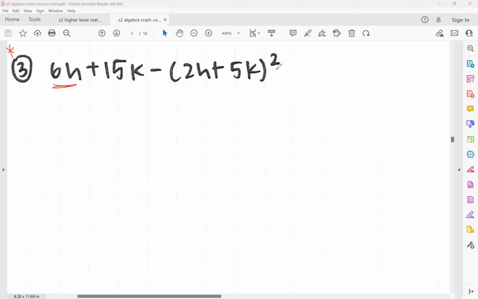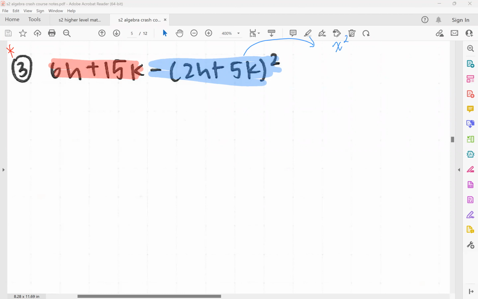But why do I see it as 4-term factorization? Because this is considered as one couple. Got it? And next is considered as the second couple right here.